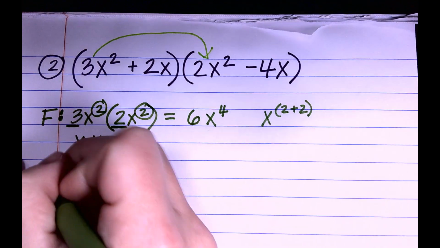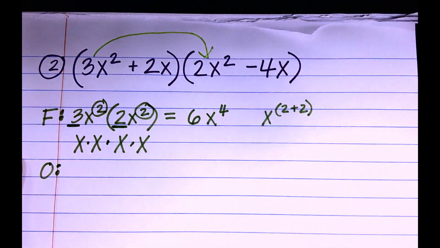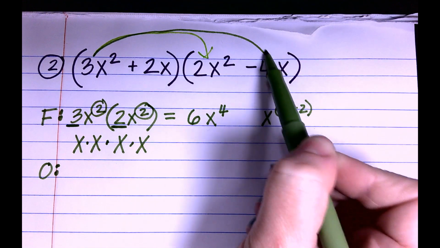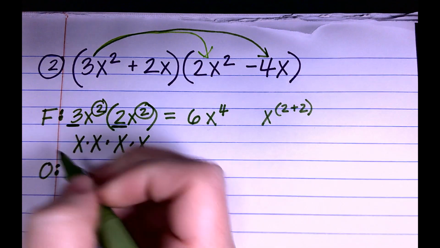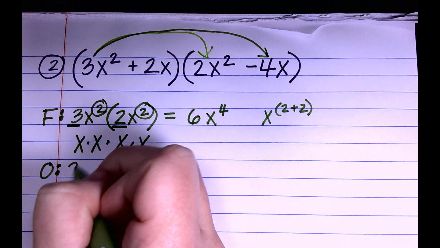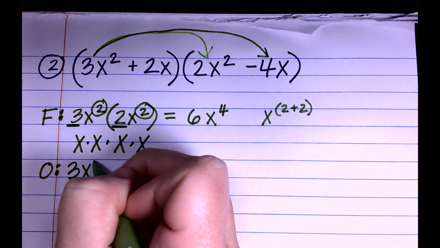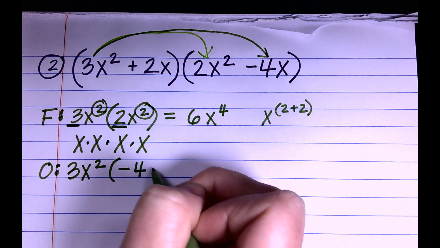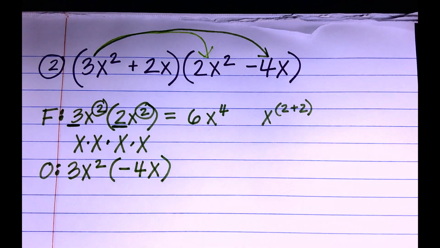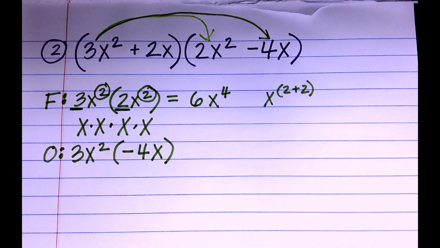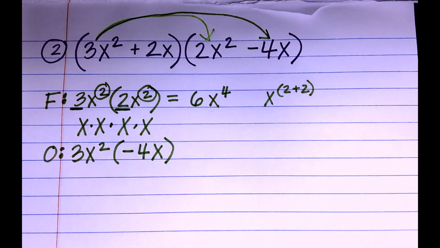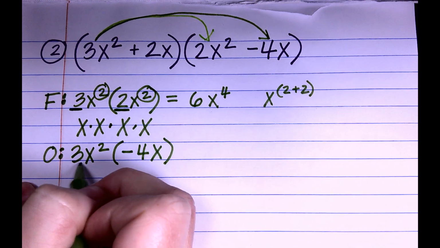So now let's look at our outer terms. So 3x squared times negative 4x. Okay. So again, we will just look at the numbers first, the coefficients.